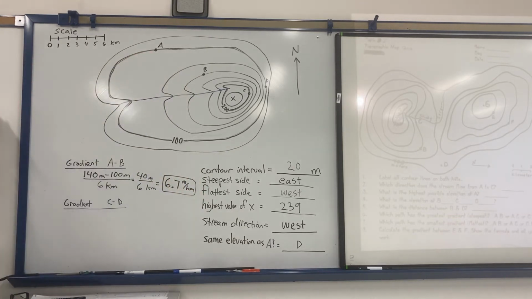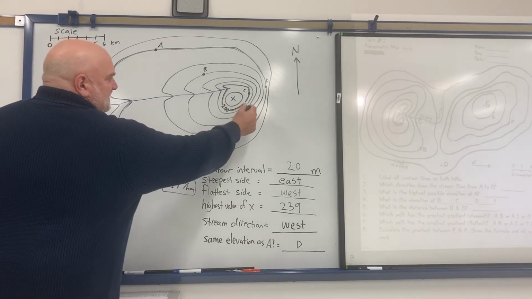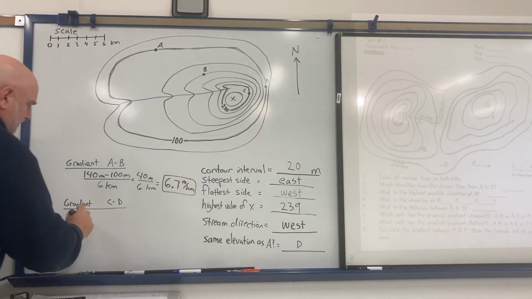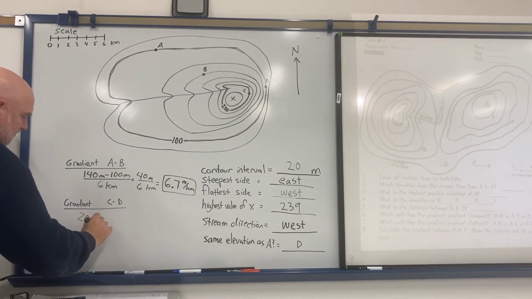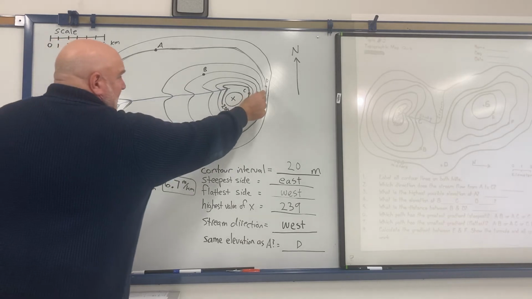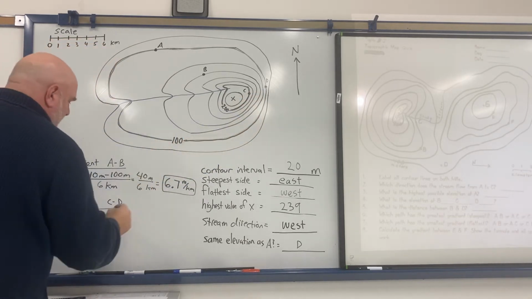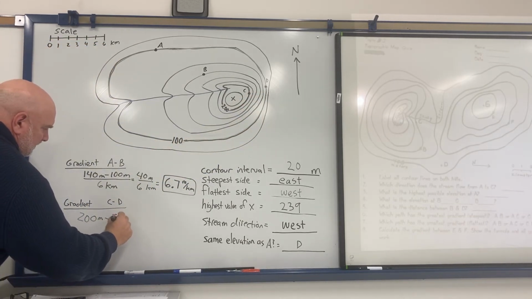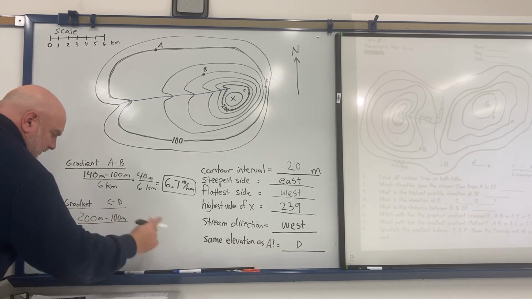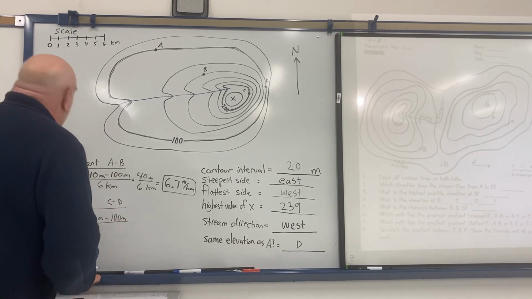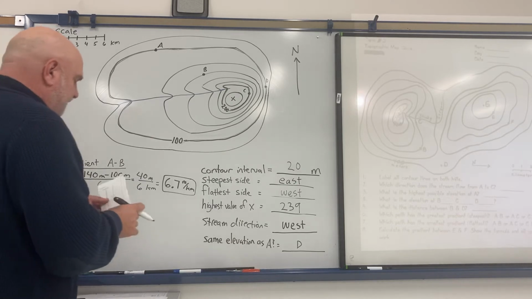All right. Now, gradient between C and D. If I look, C is on the 200 line. D is on the 100 line. Next, I want to measure the distance between them.